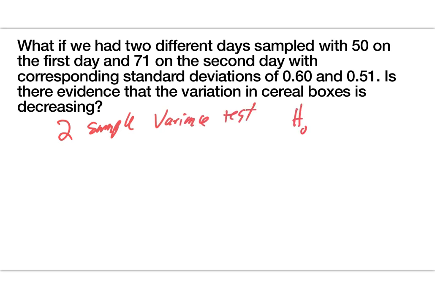My null hypothesis will be that, not mu, the variance of the first day equals the variance of the second day. My alternative hypothesis will be, is there evidence that the variation in cereal boxes is decreasing? That day 1 is over day 2.